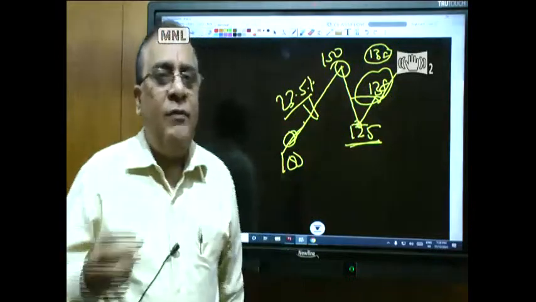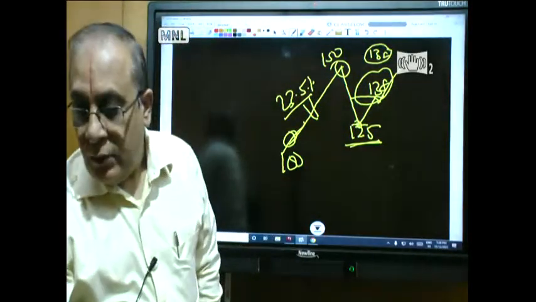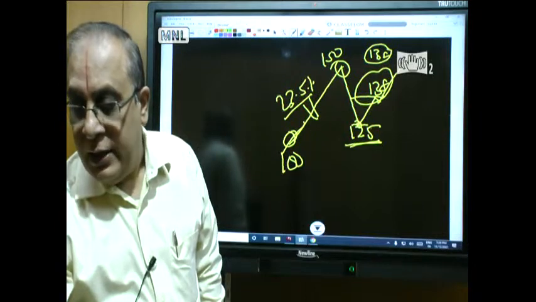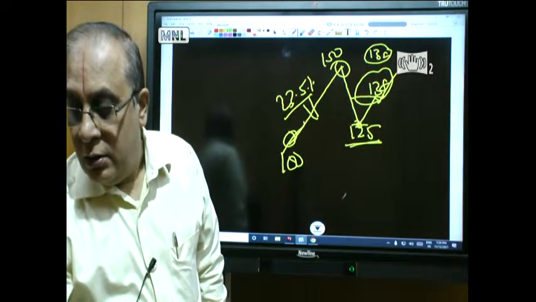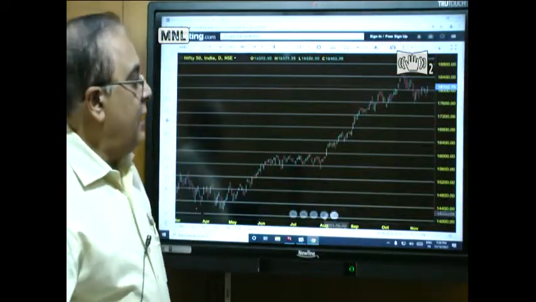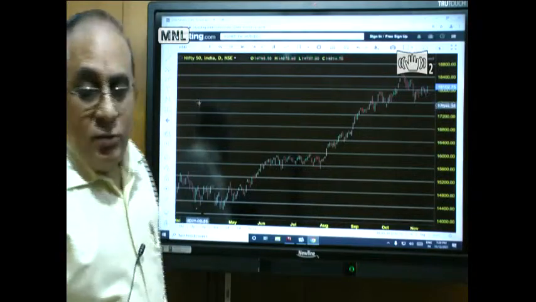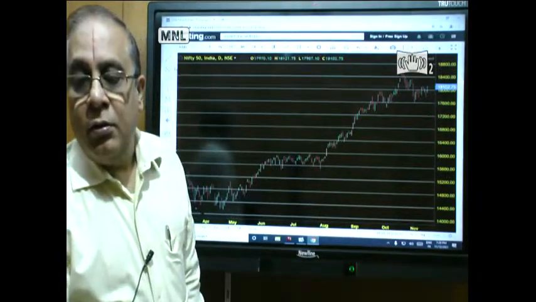Now let us say the same thing as far as Nifty is concerned in the present case. Now let us see which areas it had. See, this is Nifty, and let us say from this bottom to this bottom, what is the Fibonacci correction?